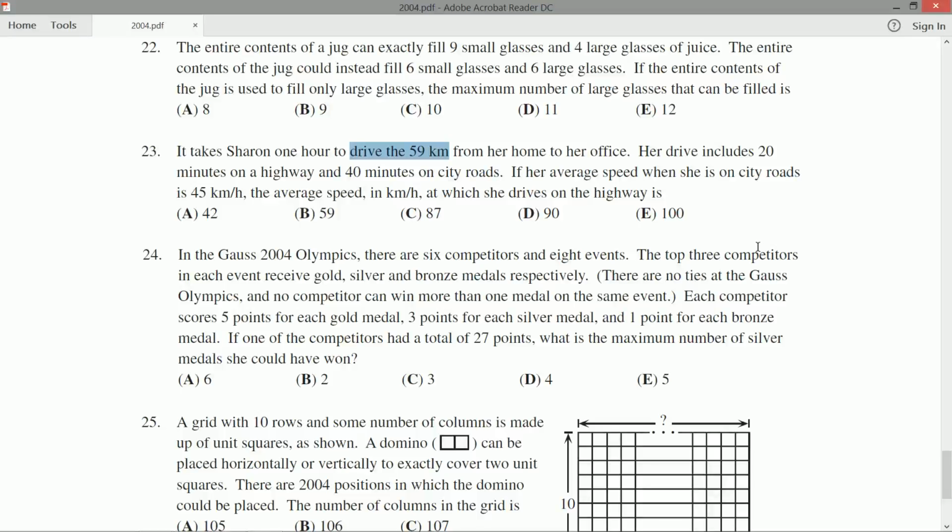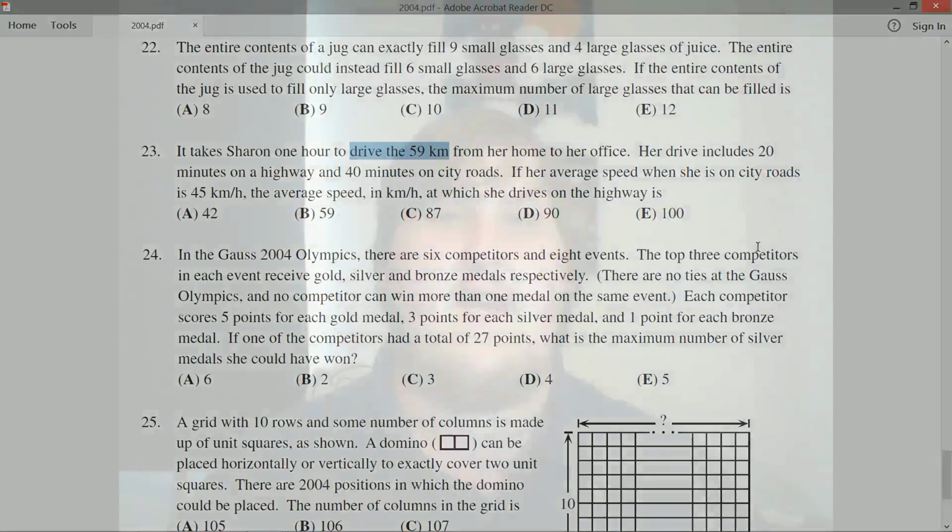So, for this question, we're going to make use of a nice physics formula that expresses distance, speed, and time, average speed by the way, in one equation. You can tell the distance you traveled if you know the speed and how long it took, or figure out the average speed if you know the distance and the time. We have the time on the highway but not the speed.